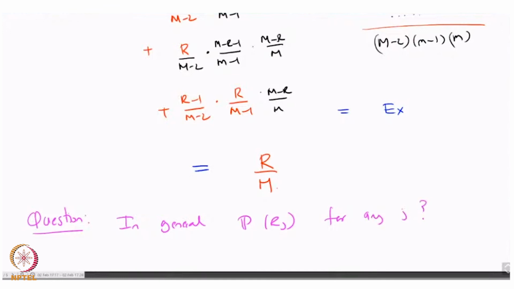We have shown it for j equal to 1, 2, and 3. Can I show it for any j? Can I understand what the probability is? It's a nice problem to think about.